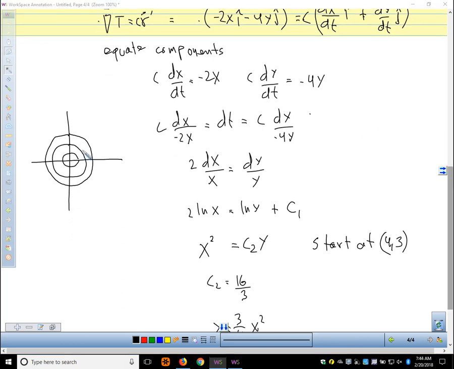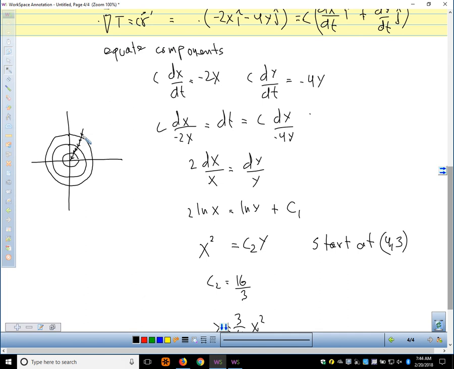And our gradient is perpendicular, normal to these level curves at any point. So if our particle is moving like so, it's going to go perpendicular to that one, perpendicular to that one, perpendicular to that one, and we get a nice parabolic shape there.